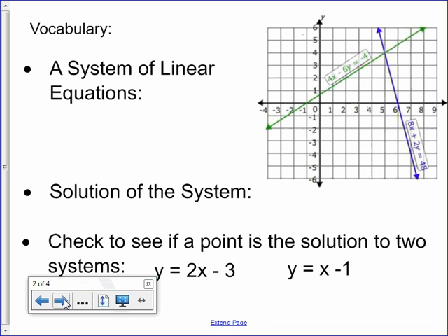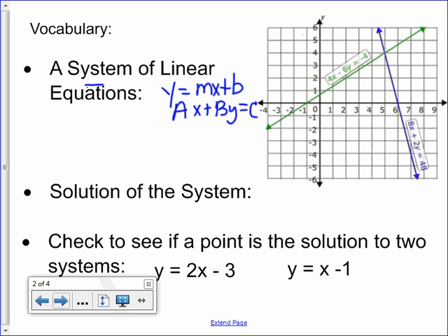Now remember, there are two ways that we can write linear equations. One of them is y equals mx plus b, that's slope-intercept form, or standard form, ax plus by equals c. Both of those will generate a linear equation, or a linear function.